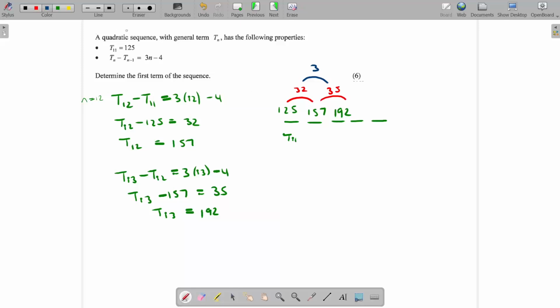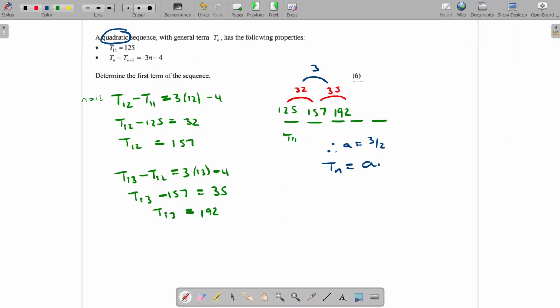Now that is important because they've told us that this thing is quadratic. So what we're going to get to quite quickly, hopefully, is realizing that therefore a equals 3/2. But again, this is why we changed the notation. This is not the a value of the first term of the sequence.